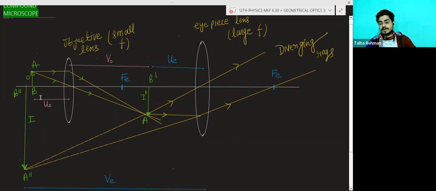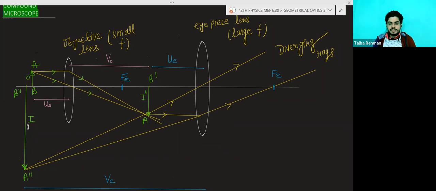Firstly, the image of the object will be formed by the objective lens. Here, this is the image formed by the objective lens. Now, this image will work as an object for this lens. This lens will form the image of this object somewhere else, here. So finally, this image you are getting.